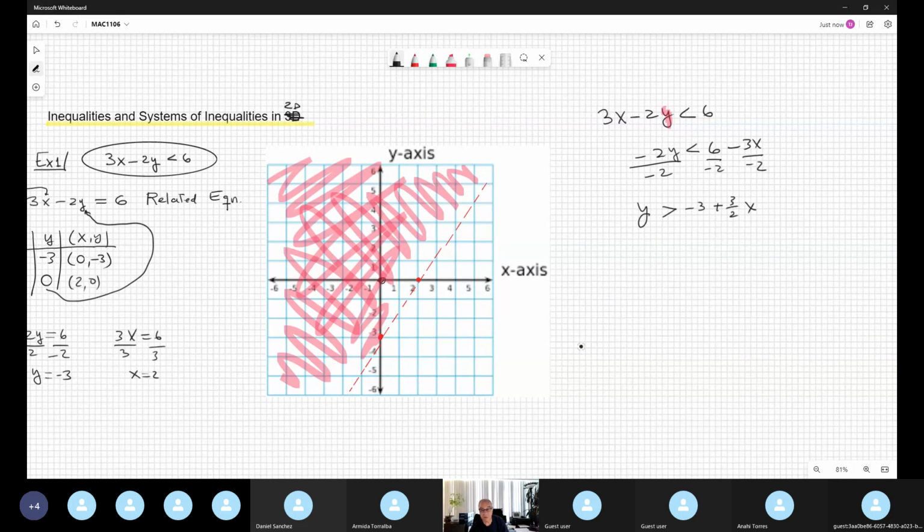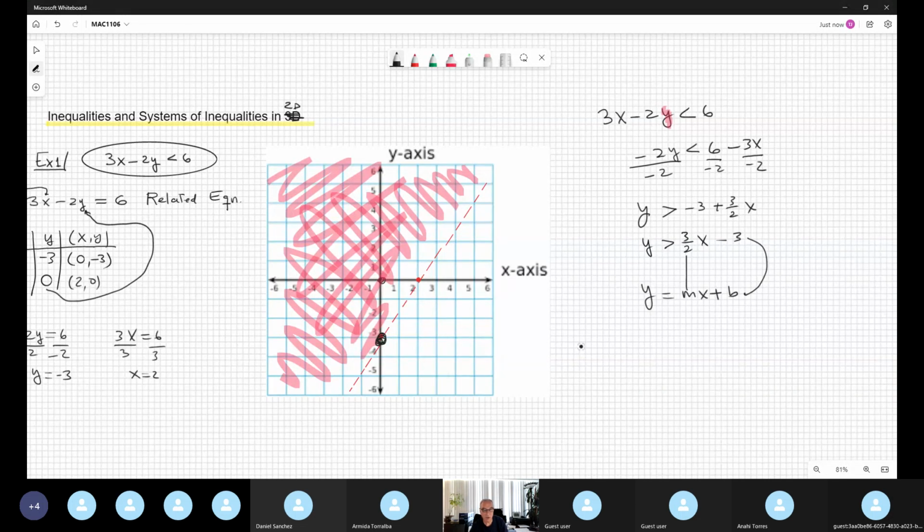If you compare with the classical equation y equals mx plus b, let me rewrite it: y is greater than 3/2 x minus 3. It's obvious that b is minus 3, and this is the y-intercept. It's exactly that point. And the slope m is 3/2.